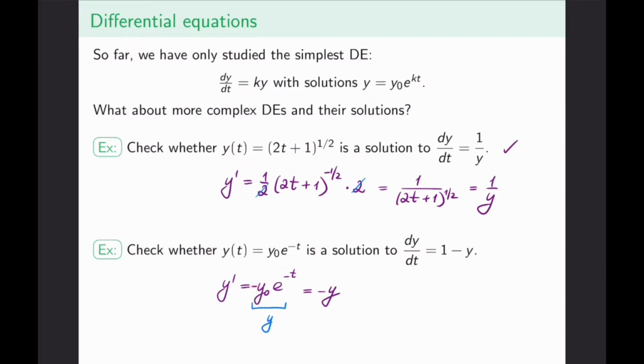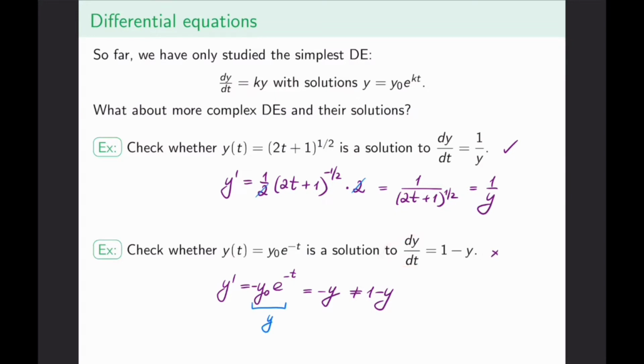We're asked whether or not this function is a solution to this equation, and this equation states that y prime needs to be equal to 1 minus y. Well, clearly, minus y is not the same as 1 minus y, which means that this particular function is not a solution to this particular differential equation.